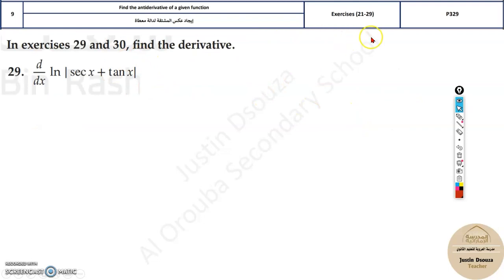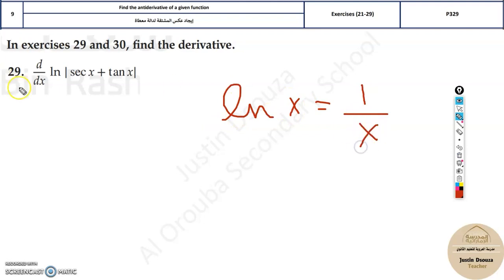And now this 29, see the last problem is 29. They have asked you to find the derivative over here. In this case, your derivative is from the previous chapter. Though these are all antiderivatives, let's just solve this just in case. So derivative of ln x is equal to 1 by x. Since it's mentioned in the exercise, this might come.